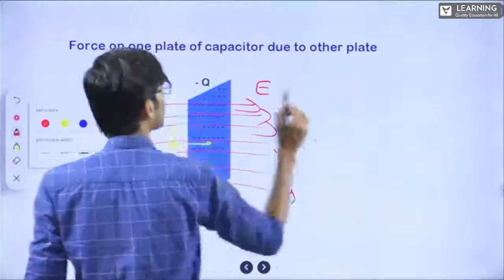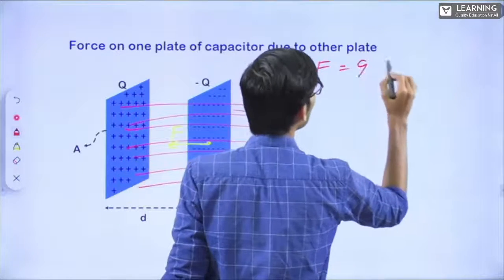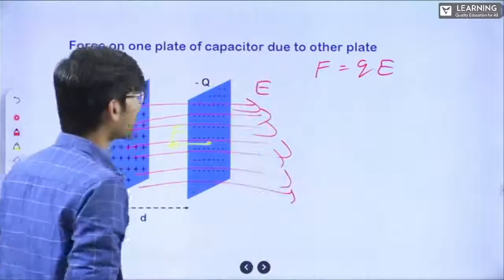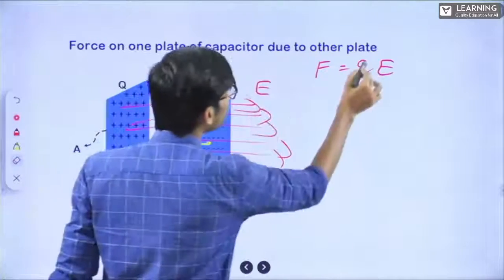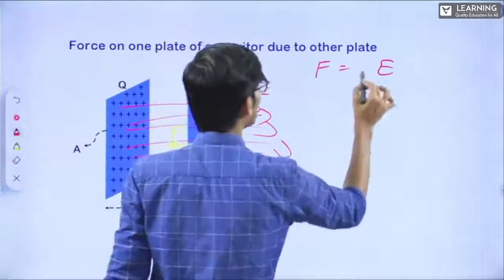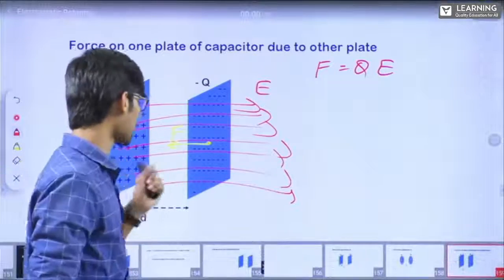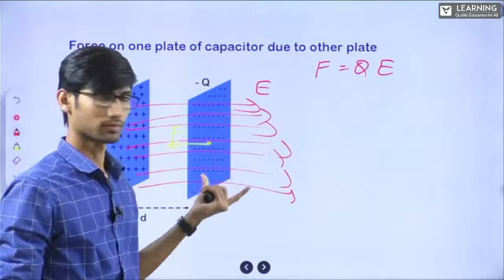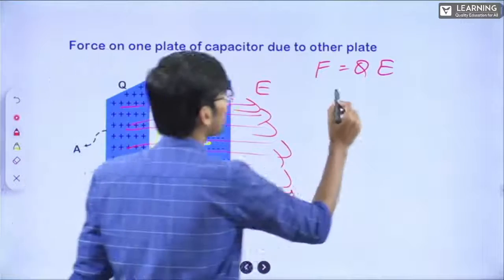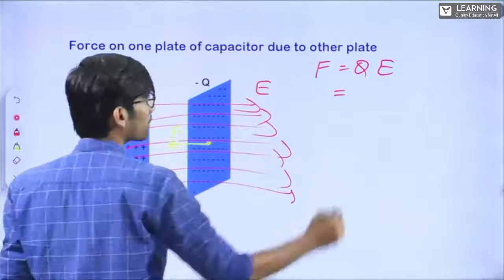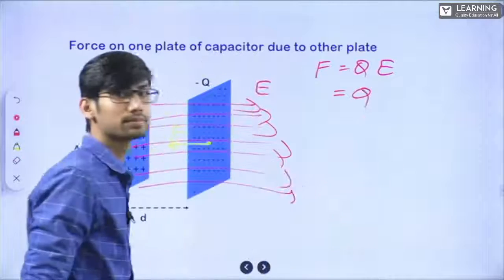F is equal to Q into E, where Q is capital Q. This is the force experienced by the entire plate. That is equal to Q into, how much is E?